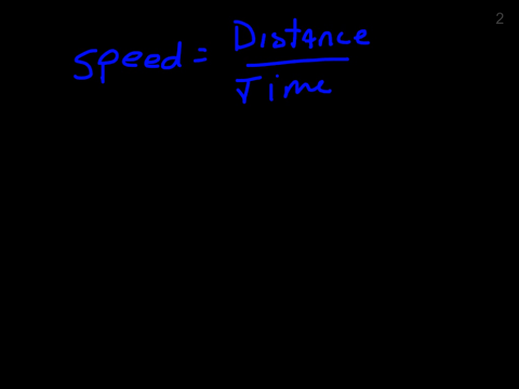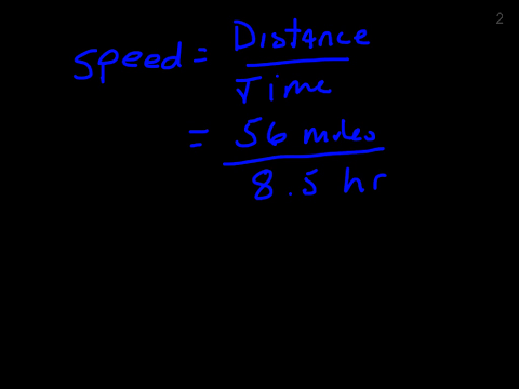And let's say that you're traveling 56 miles, and you're going to do that in 8.5 hours. Okay. Now, the first factor, 56, has 2 significant figures. The second factor, 8.5, has 2 significant figures. So I know that my answer is going to have 2 sig figs.